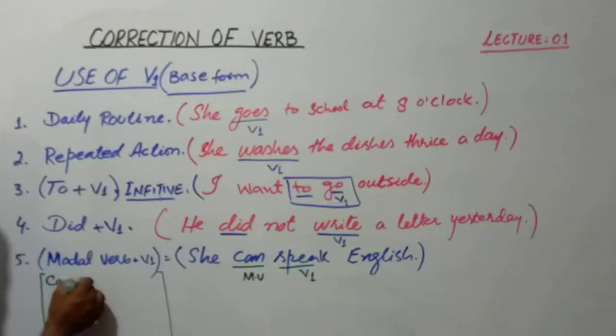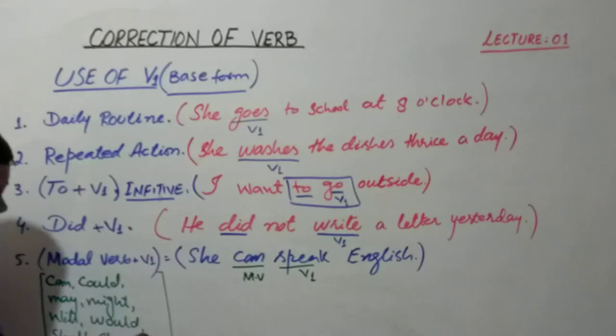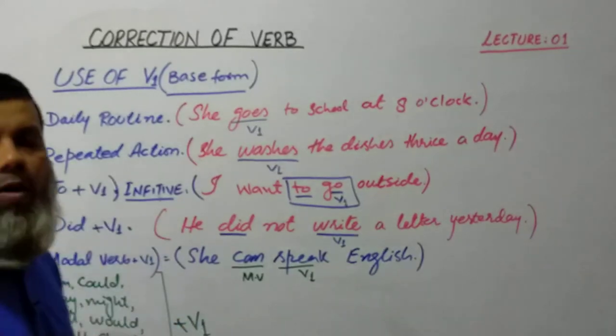Suppose can, could, may, might, will, would, shall, should, must, etc. These are called the modal verbs. After these modal verbs, we also use the first form of the verb.